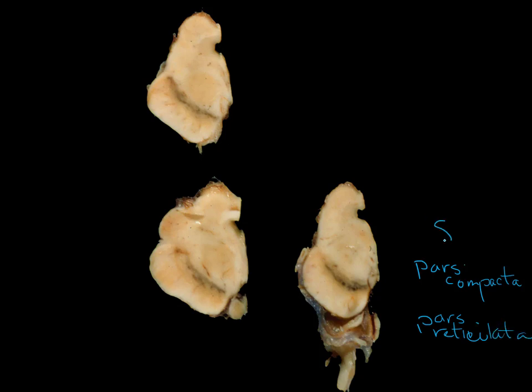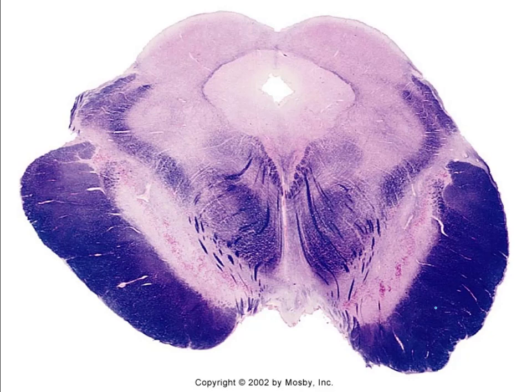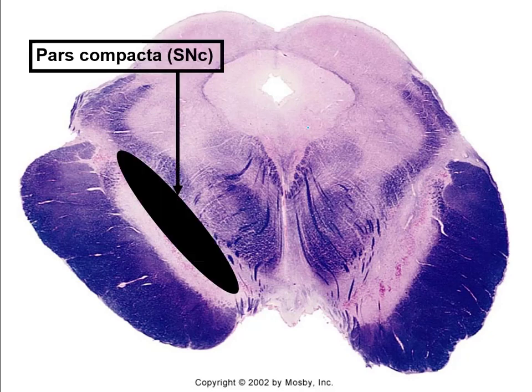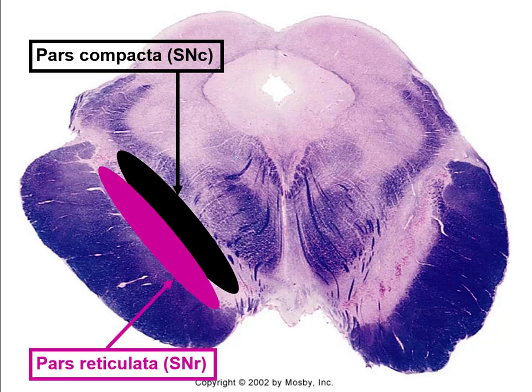These will be abbreviated as SNC and SNR. In general, the pars compacta is the pigmented cells. They are slightly further away from the peduncle, and the pars reticulata is slightly closer to the peduncle. So there are two substructures here, and that matters because they have different neurotransmitters, and they function differently within the circuitry.